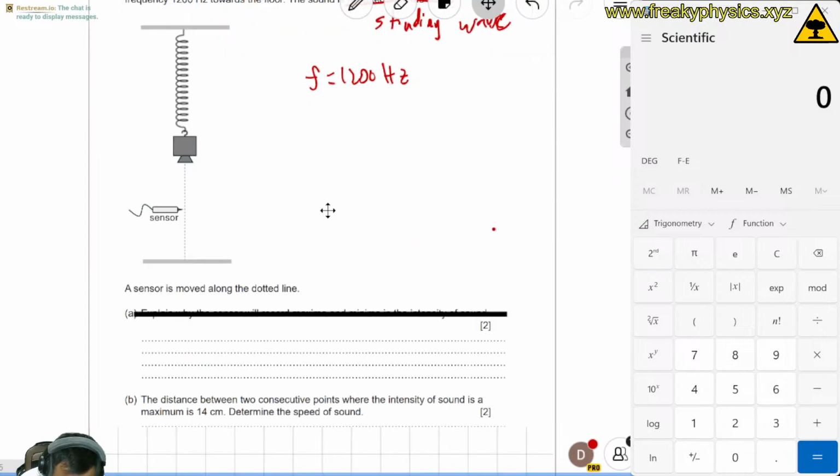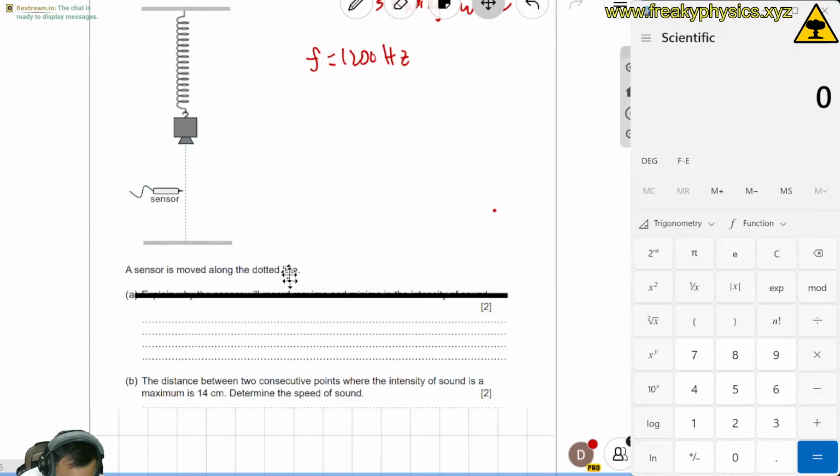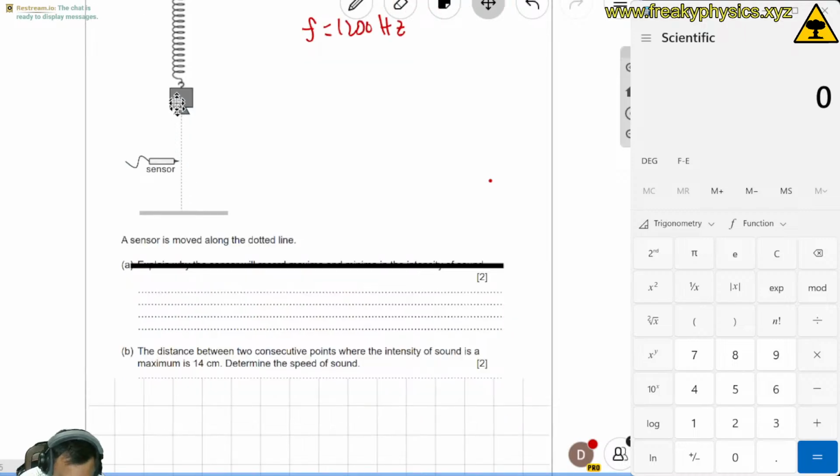In this case, the spring is not moving yet. This time it's the sensor that's being moved up and down. So let's say that you have a maximum here, and then you have another maximum here. And we know that from here to here is 14 cm. And we know that this is a standing wave, so this must be an antinode.